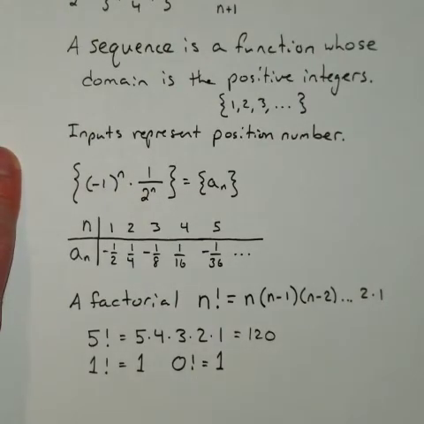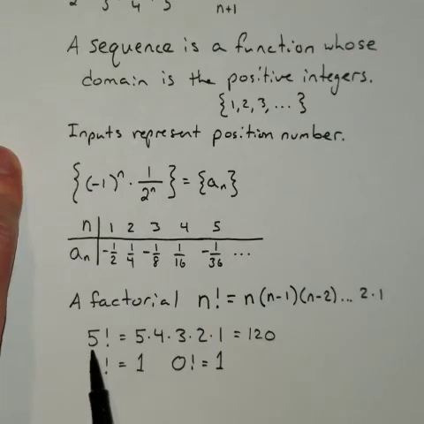There's a reason we define it that way. It becomes very useful to define it that way, and it follows a pattern as well. But for now, just know that 0 factorial is 1, 1 factorial is 1, and then everything after that is just the product of all the numbers below it.